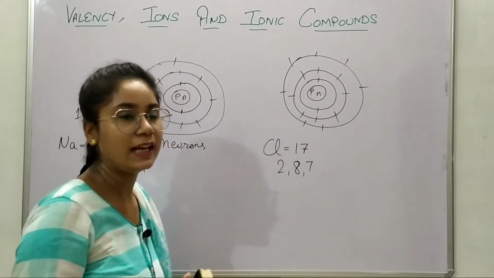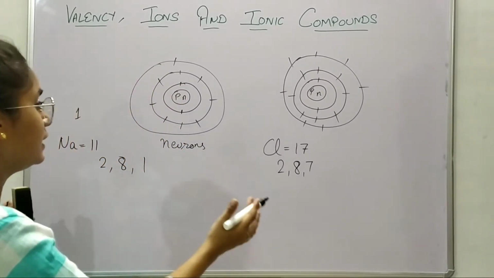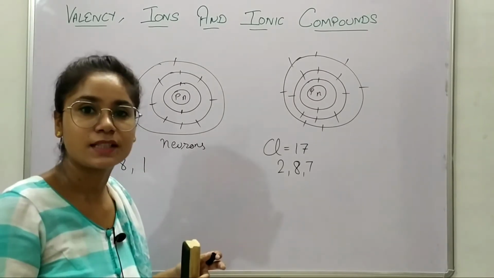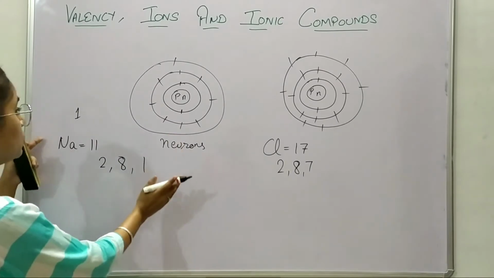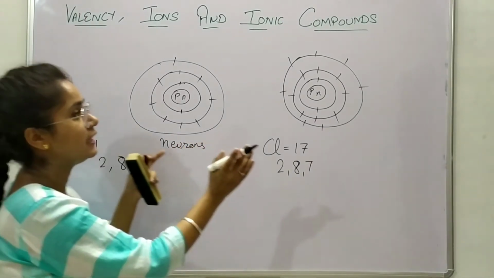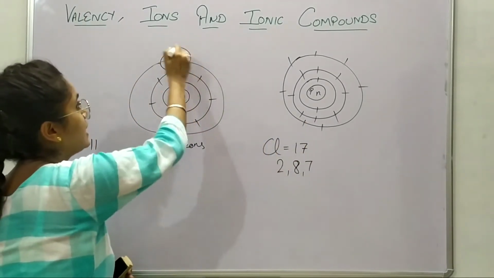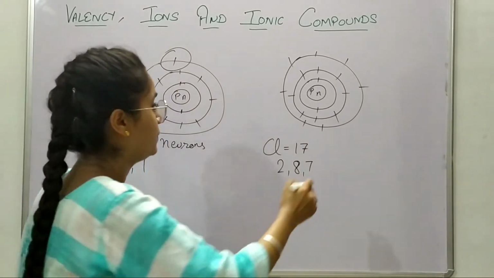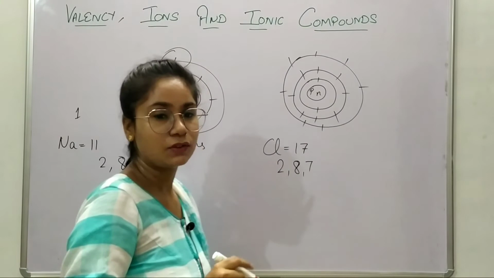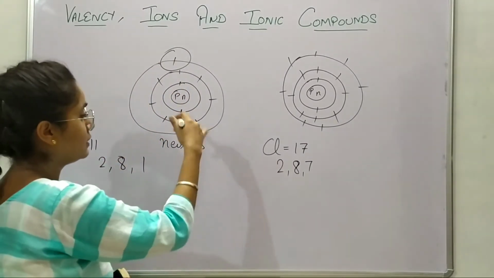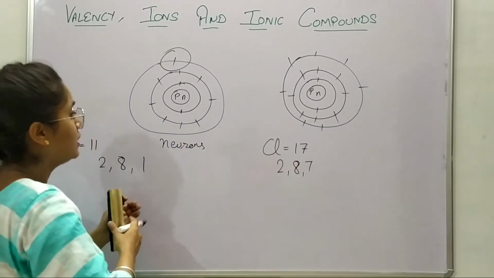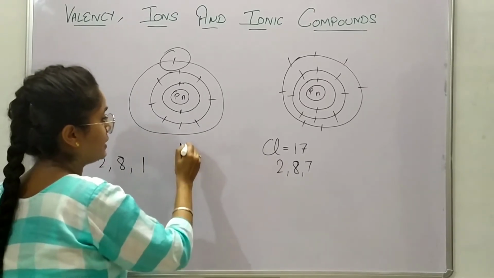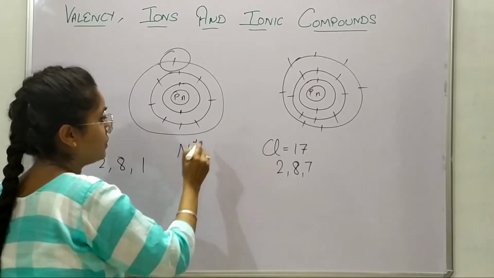So what will happen here? They would try to combine with each other by sharing their electrons. So sodium would donate its 1 outermost electron, which is also known as the valence electron, to chlorine. As it donates its 1 electron, sodium will get a charge, that is 1 positive charge.